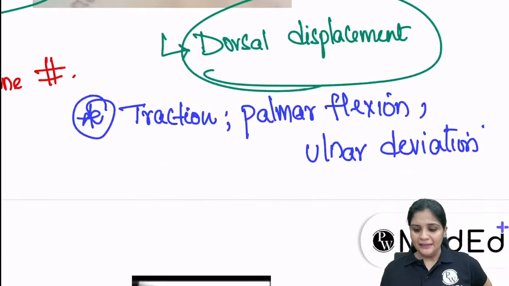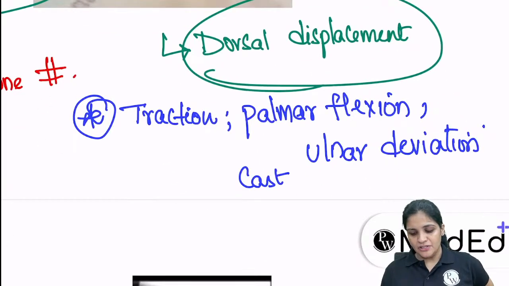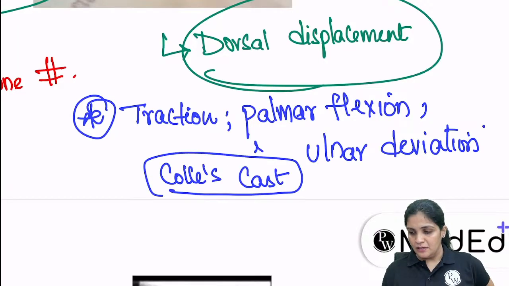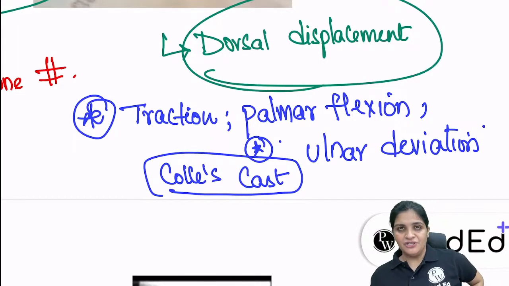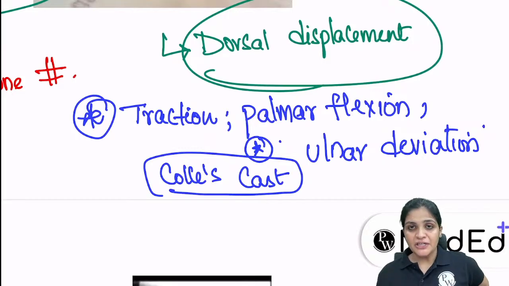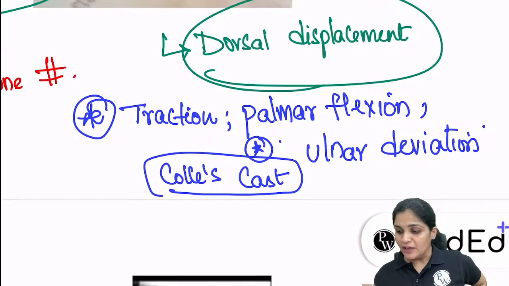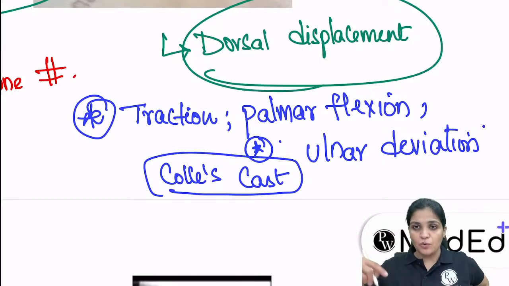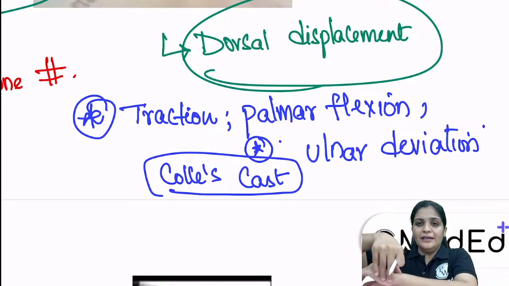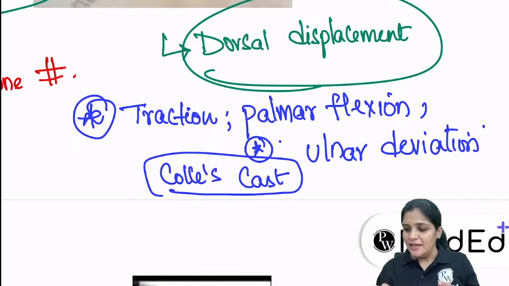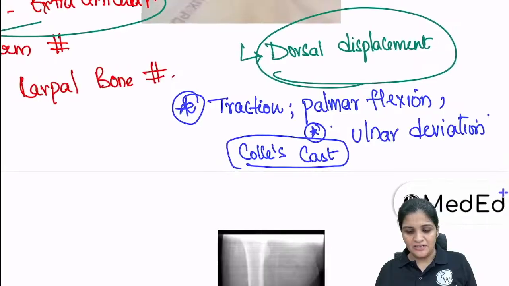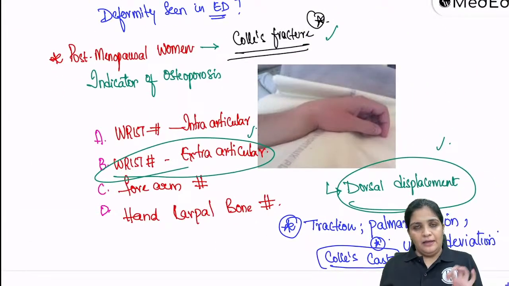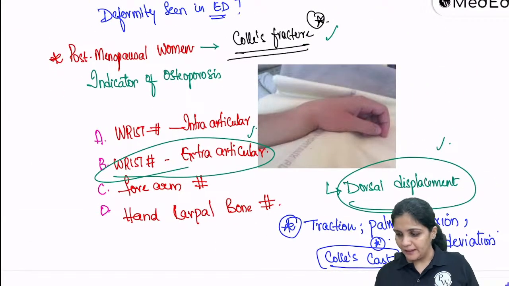Then you apply the cast, which is called the Colles' cast. So traction, palmar flexion, ulnar deviation. Then you correct the displacement: give pressure over the dorsal side so that the distal fragment goes inside, and then you give your Colles' cast. So that is the treatment for Colles' fracture. Is that clear?